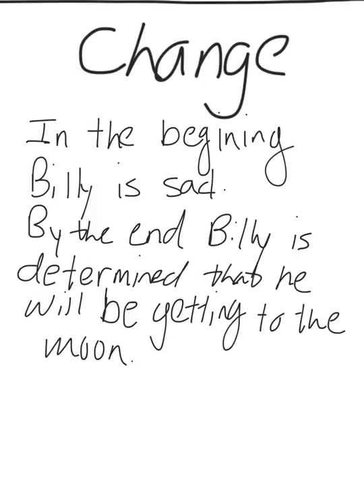Okay, so go ahead, pause, think about the change. How is your character, the one you're making up for your story, going to change? And then you write these sentence frames. You can use the sentence frames off the poster in class if you want to. Let's say, in the beginning, blank is blank. By the end, blank is blank. Okay? Pause the video and then we'll wrap this up.